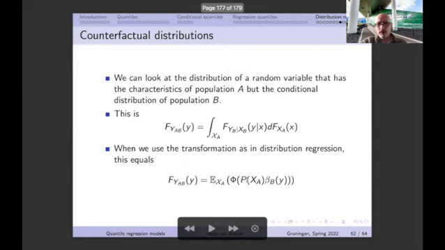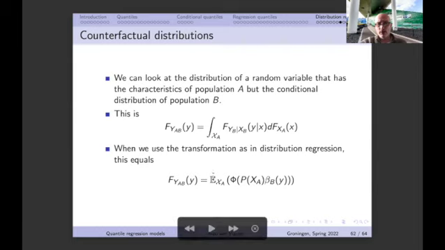So that implies that we can even write this as the mean with respect to X_A of this whole thing that we have over here. The reason why it's interesting to write it like this is that, as I said already, this is a population mean, so therefore it can be estimated by its corresponding sample mean.